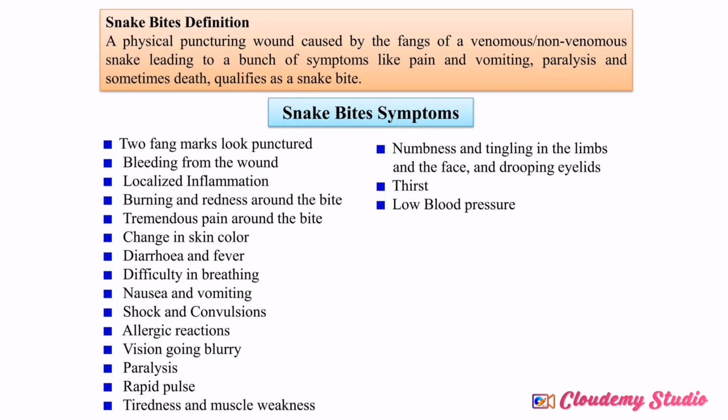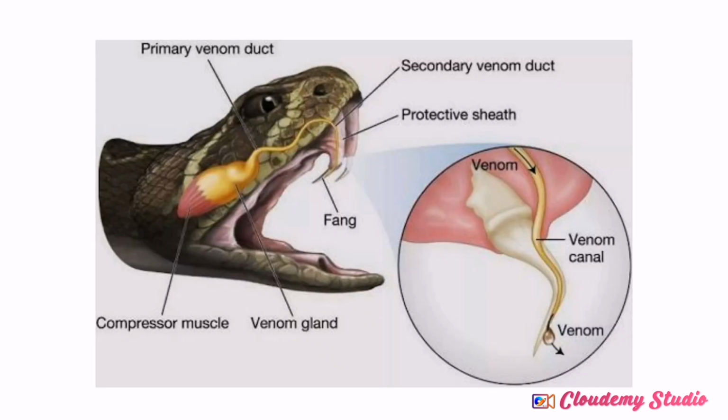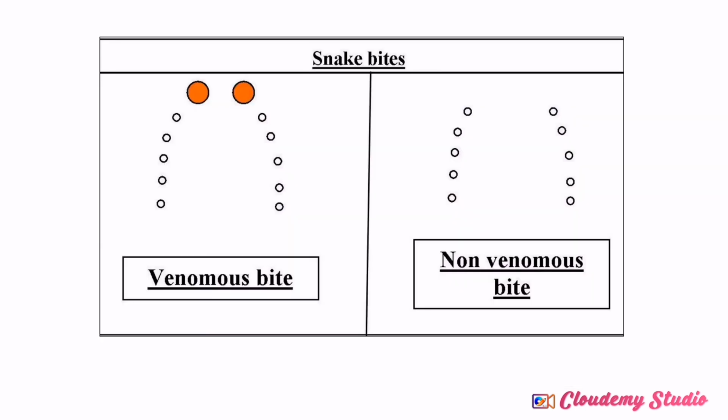So here we already talked about all these, including all these types of snakes that are venomous and non-venomous, and what can be done if someone has been bitten by a snake. So let's scroll up. Here we already talked about a venomous bite and non-venomous bite.